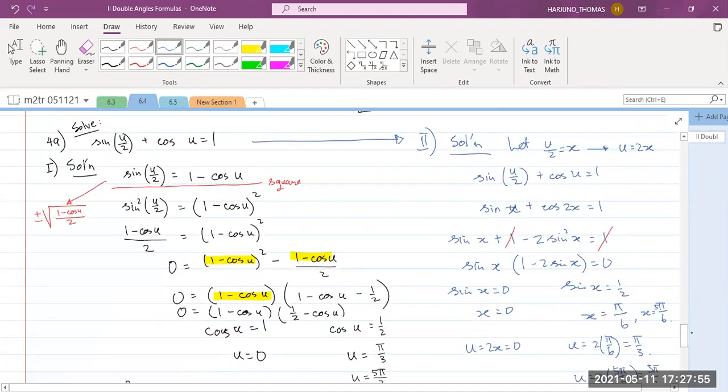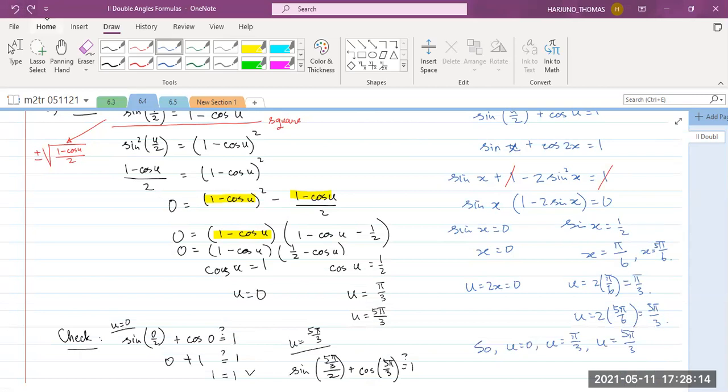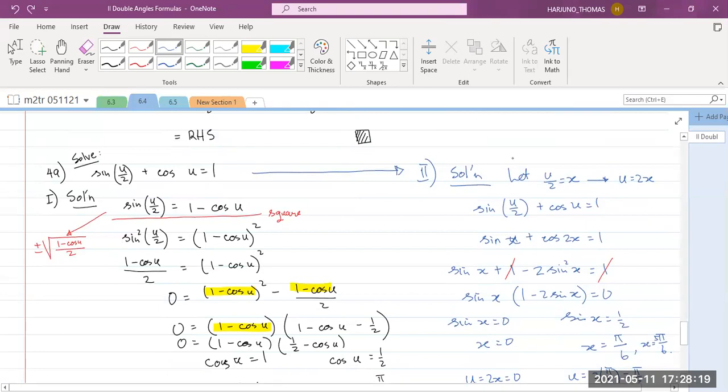So it may be better to avoid the duality of that half angle. Otherwise, I am forced to square it, and after I square it, I need to check later on. Instead of going through that route, I make it double angle first. So I substitute the half angle, I call that x, and the actual u becomes 2x.